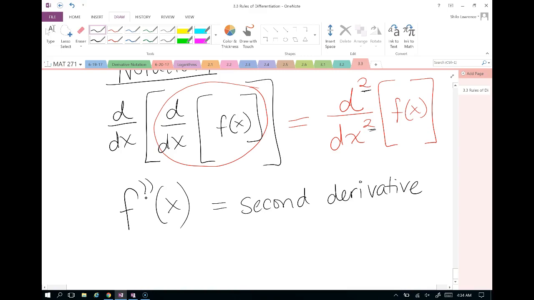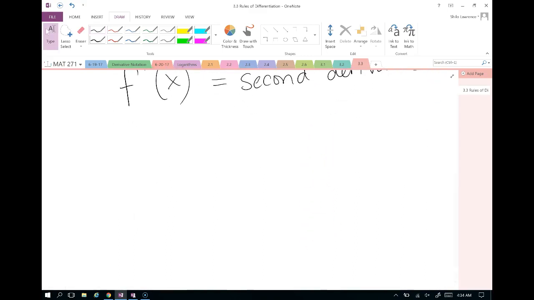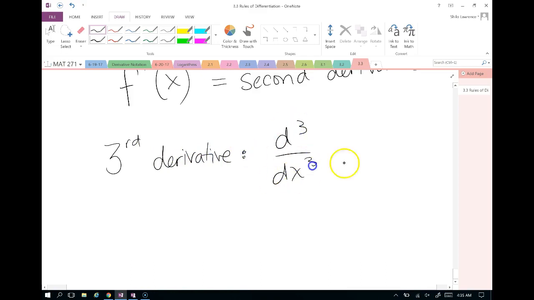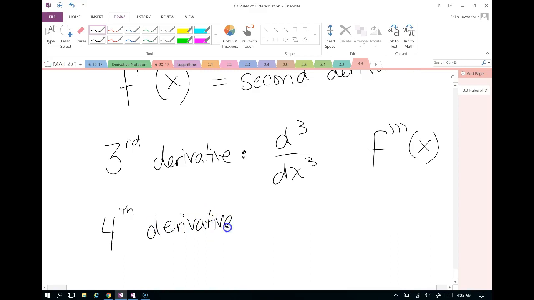Once we get to fourth derivative, we could always just put any number we want up here in the d dx notation, but at some point we have to stop adding apostrophes because it gets to be just too much. So third derivative, we can say d3 dx3 or f triple prime. Once we get to fourth derivative, the f notation is going to change because somebody somewhere decided that 4 apostrophes was just too much.